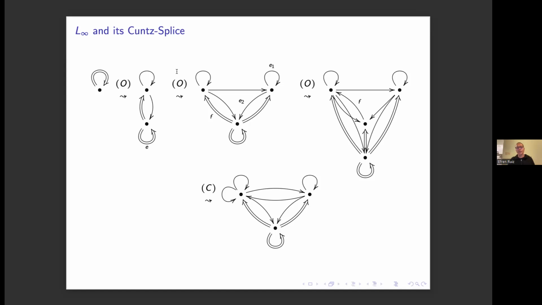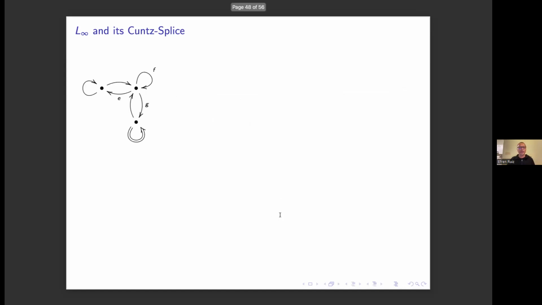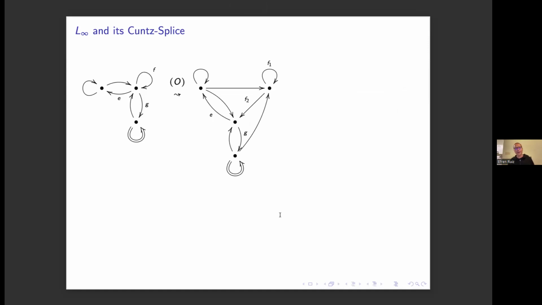So now what I'm going to do is show you that when I Cuntz-Splice the O infinity, I can get to this graph. So I start with the Cuntz-Splice. I do an outsplit where I have F on its own partition and E and G in the other partition. So I get this. And then you get another vertex that doesn't have a loop on it, so we collapse.